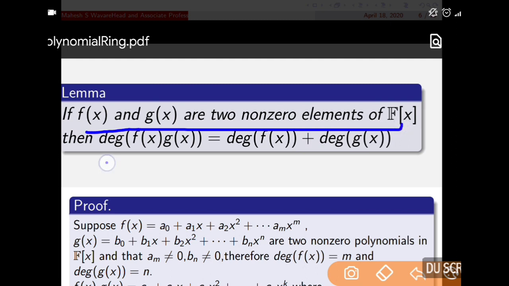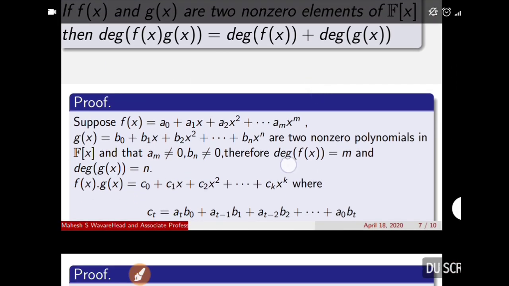Then how to find the degree of their product? One can easily define the degree of addition, but we are not interested in addition. We are interested in the degree of multiplication, because we are going to apply this in verifying how the polynomial ring is a Euclidean ring. So the degree of f of x times g of x is just the degree of f of x plus the degree of g of x.